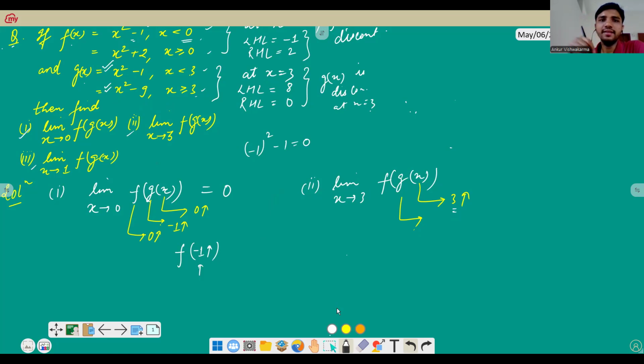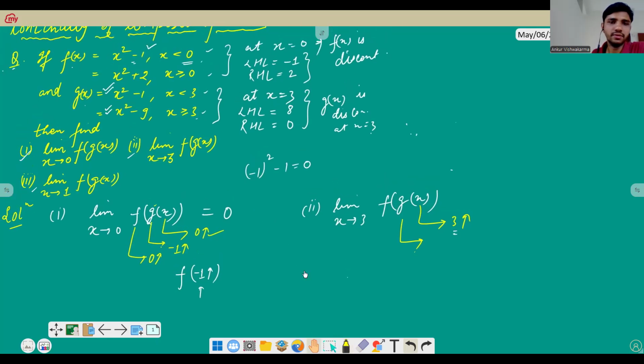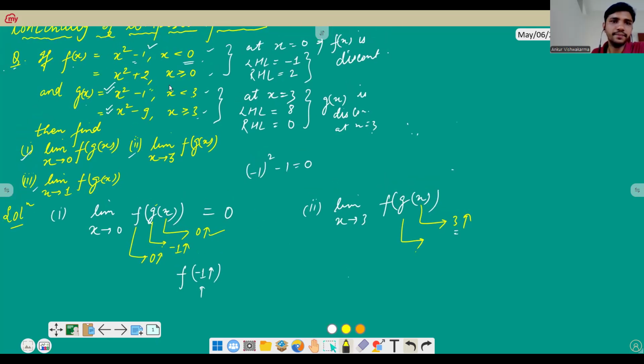Unlike in the above case, when x was approaching 0, g(x) was always x square minus 1. But here, when x is approaching 3 from the right hand side, g(x) behavior is different, and from the left hand side, g(x) behavior is different. So we need to check both the left hand limit and the right hand limit at x equals 3.